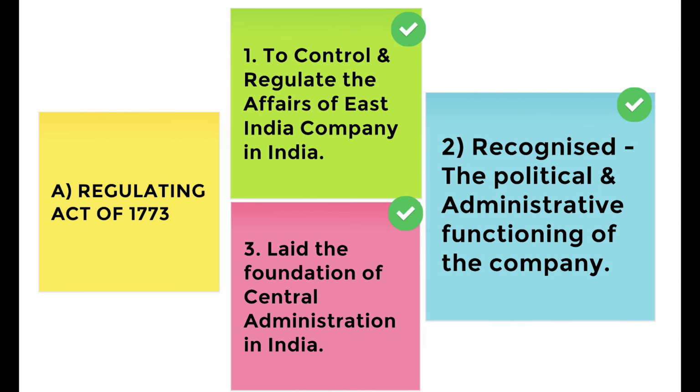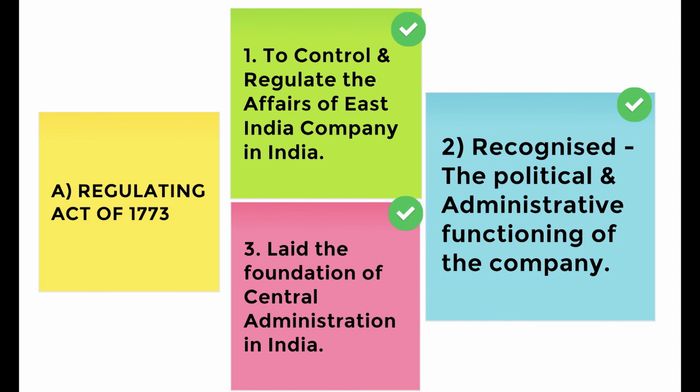Well, first, it was the first step taken by the British government to control and regulate the affairs of the East India Company in India. So this is the first very important act, and what this act basically says is that it was the first step taken by the British government to control and regulate all the affairs of the East India Company in India.